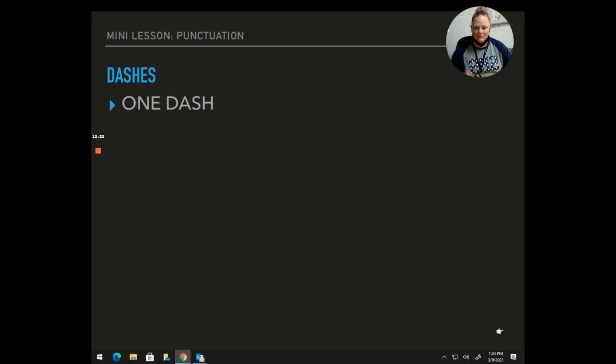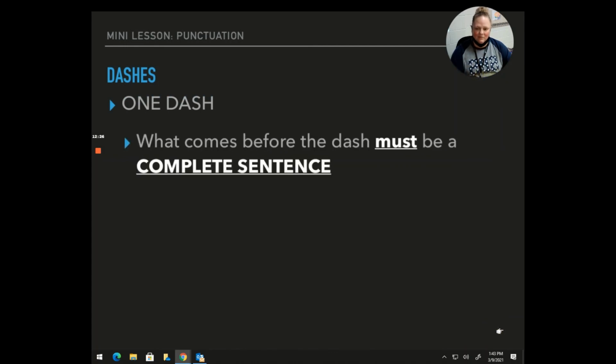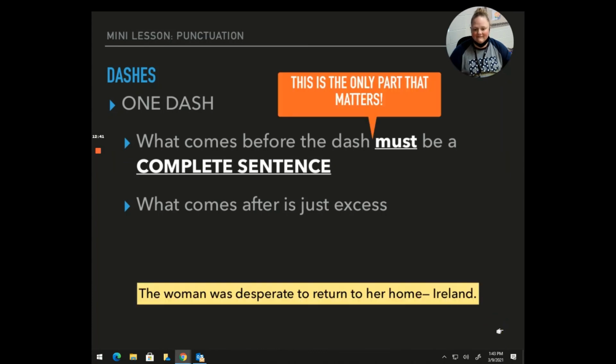Dashes. Let's talk about one dashes. What comes before the dash must be a complete sentence. Are you seeing a pattern here with our complete sentences? What comes after the dash is just excess. The woman was desperate to return to her home, dash, Ireland.